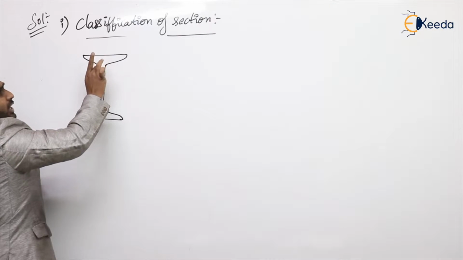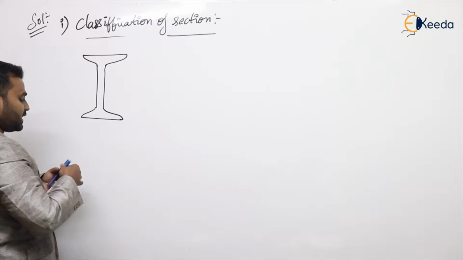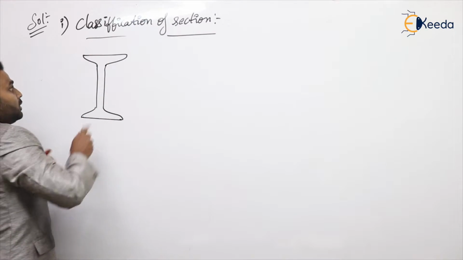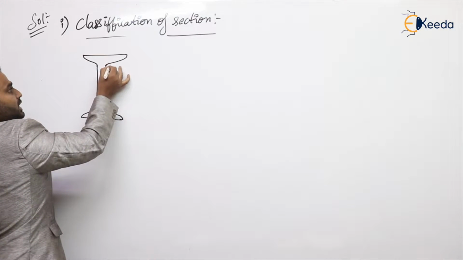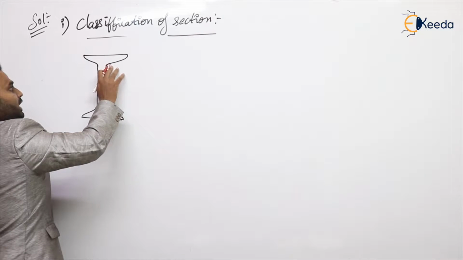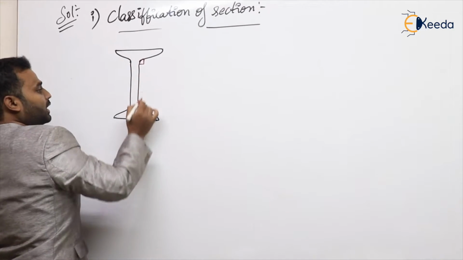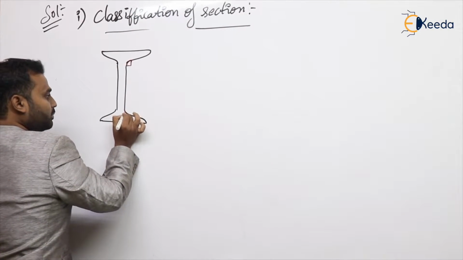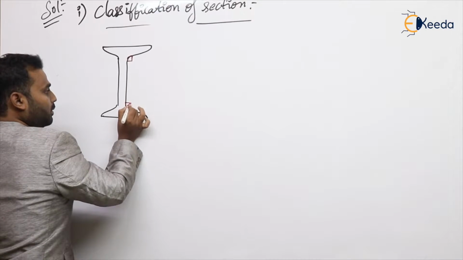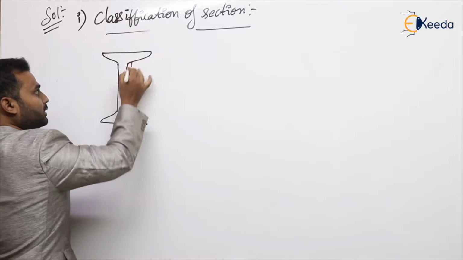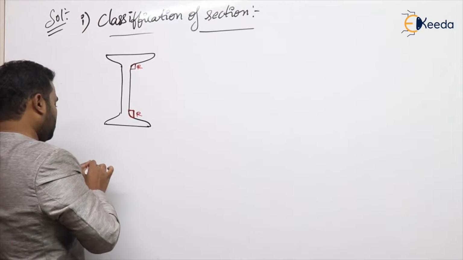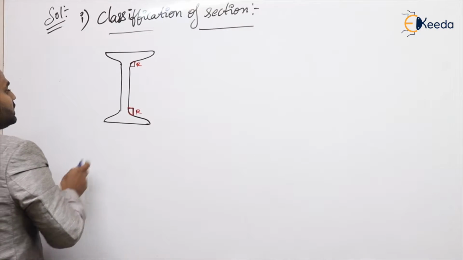At the junction of flange and web, there exists a fillet, meaning the curvature. This curvature has some radius, and that radius is known as root radius, at both top and bottom. That radius is known as root radius R. Here also R. As we know, this is the overall depth.